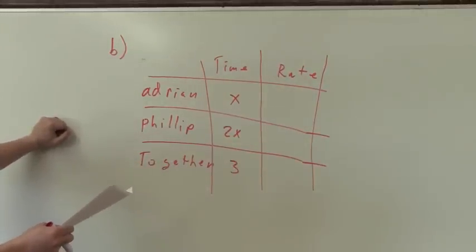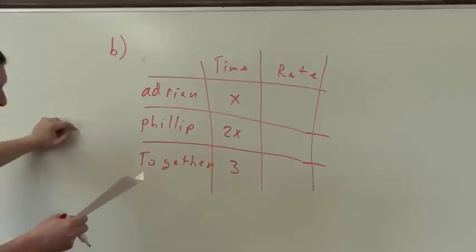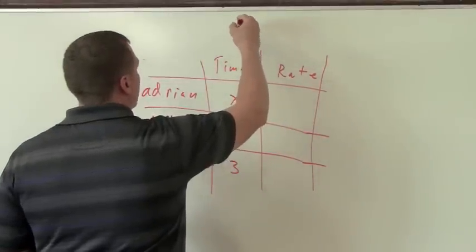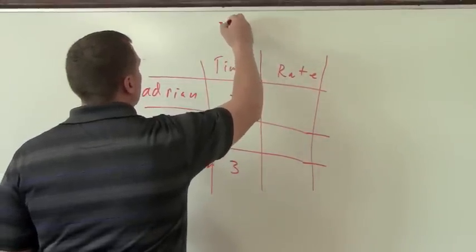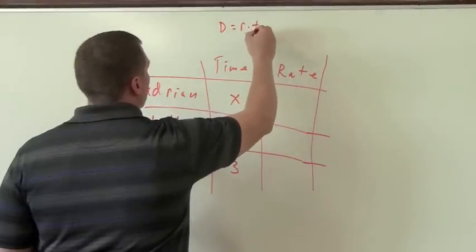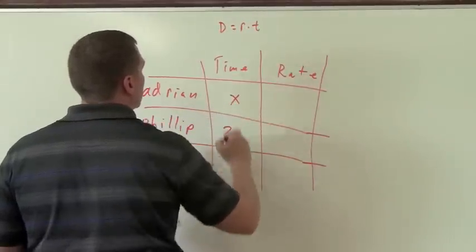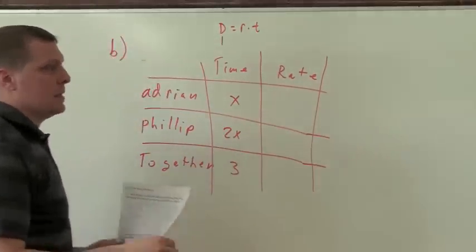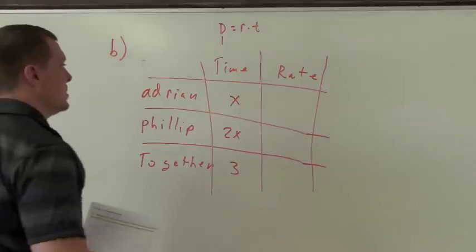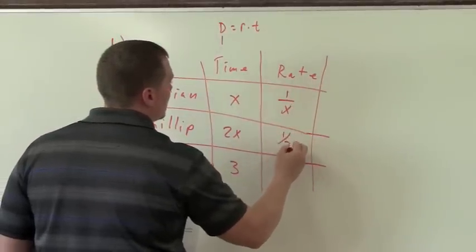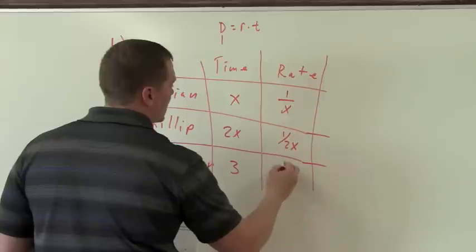For the rate, just like before, distance equals rate times time. We don't know the rate, but we know our times. Our distance is 1 garden, the whole job. So this is going to be 1 over x, this is 1 over 2x, and this is 1 over 3.